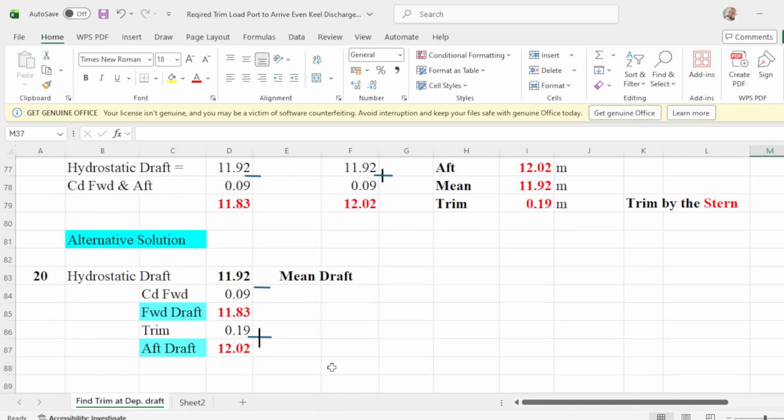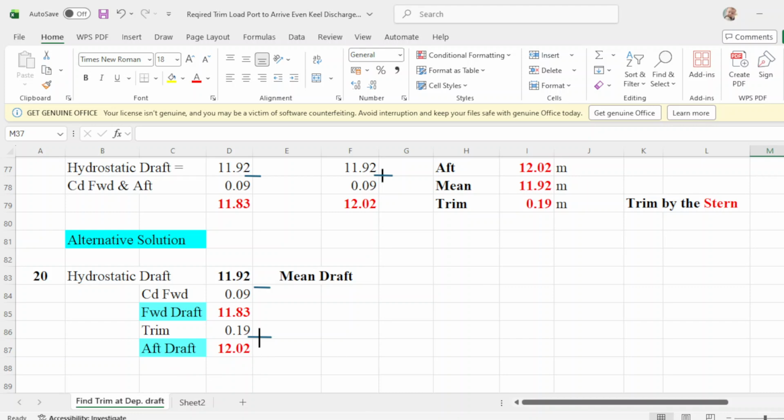And there's another solution here. Your main drop of 11.92, deduct your change of drop forward, which is 0.09. That will be your forward drop of 11.83. You add your trim of 0.09 or 0.1019, and updraft will be 12.02, which is this one.